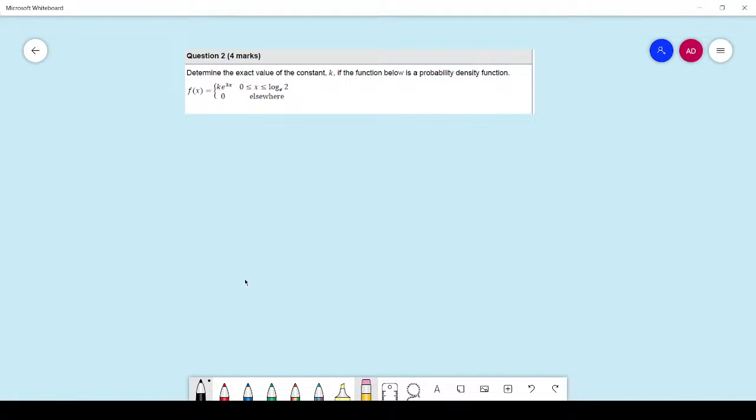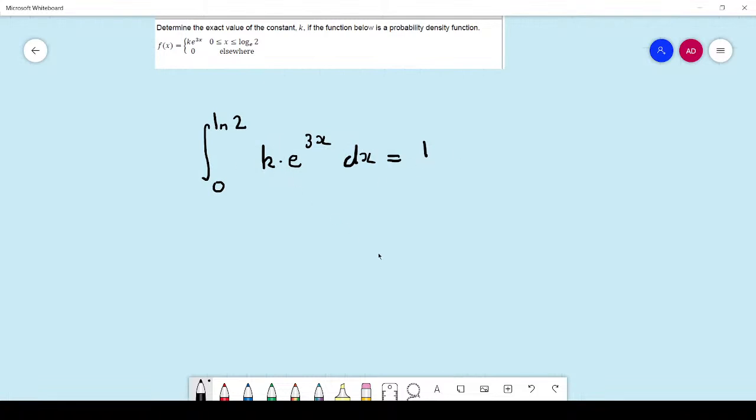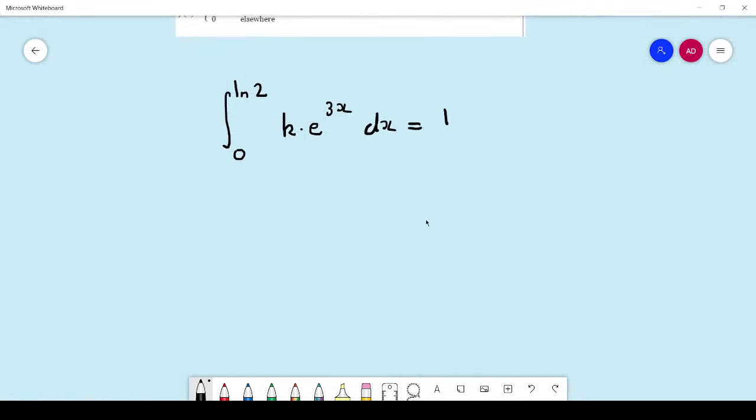In this specific case, we have the integral from 0 to the natural log of 2 (log base e is just the natural log, a better way to write it) of k times e to the 3x with respect to x. This integral should be equal to 1, so this should help us solve for k. Let's perform this integral.